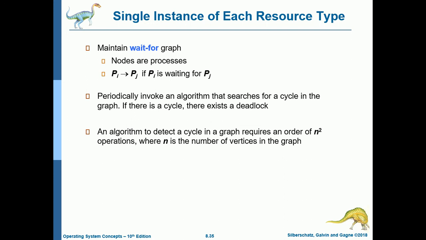Periodically invoke an algorithm that searches for a cycle in the graph. If there is a cycle, there exists a deadlock, of course. And an algorithm to detect a cycle in a graph requires an order of n squared operations where n is the number of vertices in the graph. So a cycle, if all the processes are involved, that is what holds true for deadlock to occur.